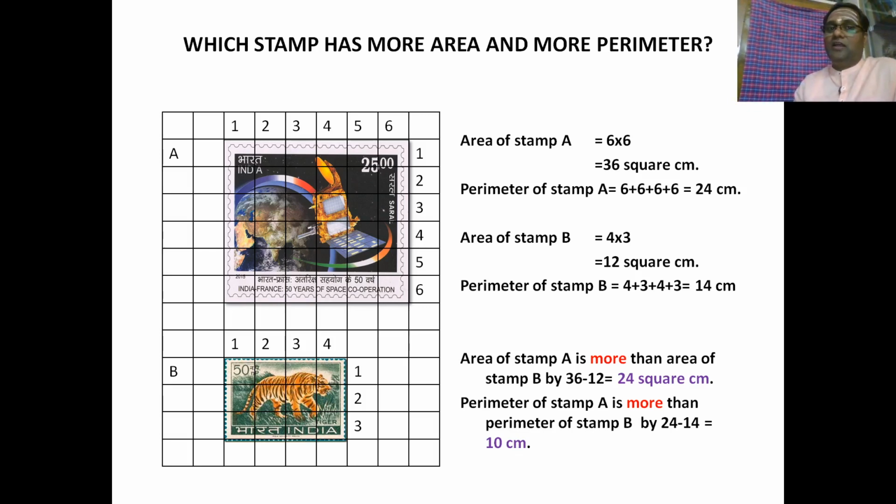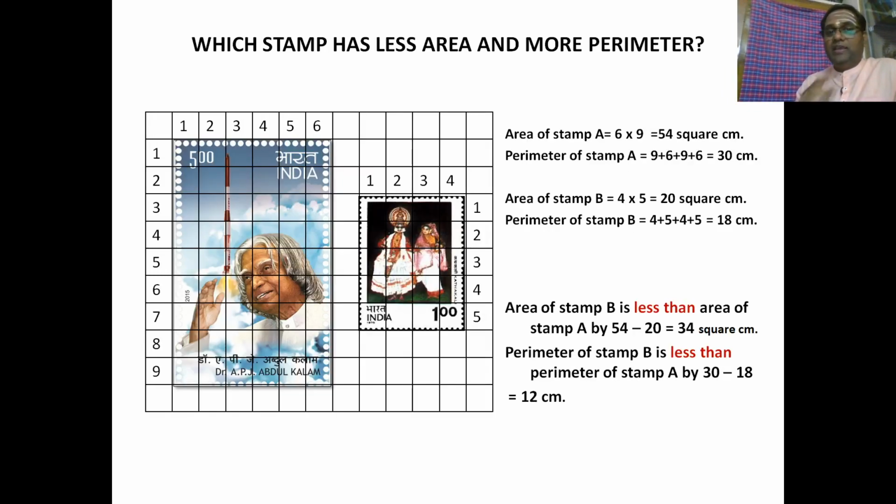Similarly, let us go with one more example here. You can see again I have given two stamps. You can compare and find which stamp has less area and less perimeter. Now the area of stamp A: there are 6 boxes in one row, and there are totally 9 rows.